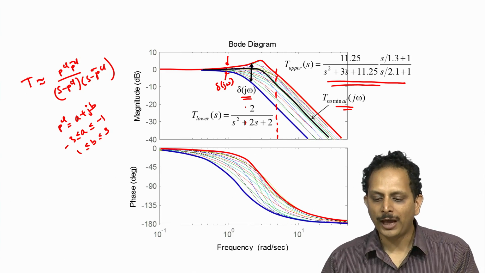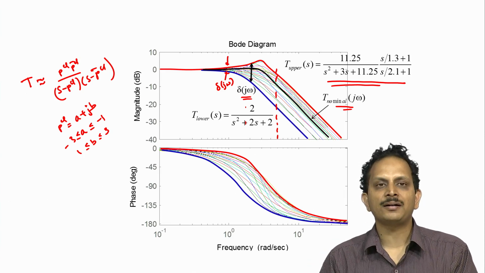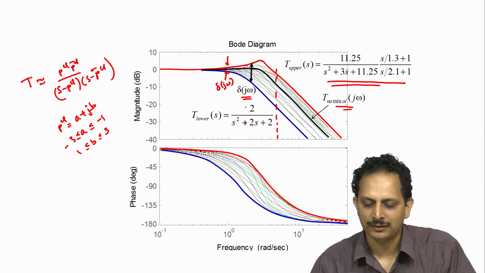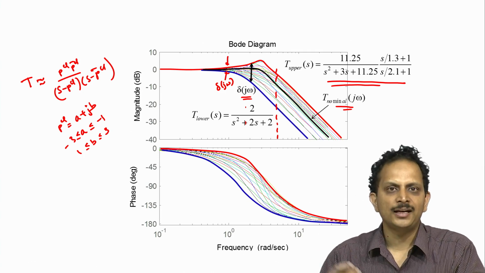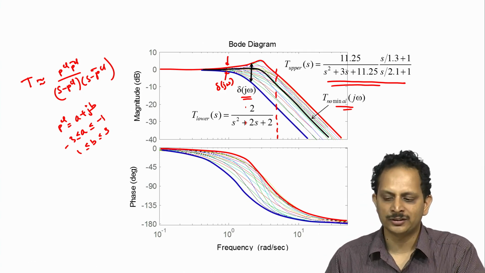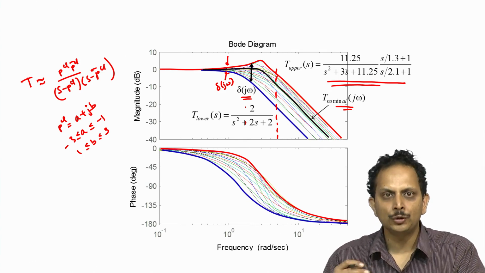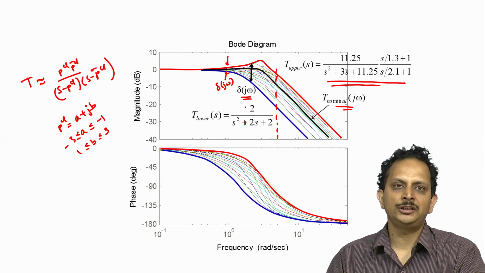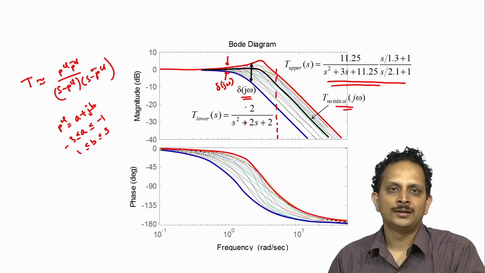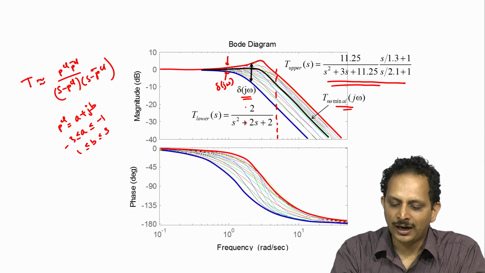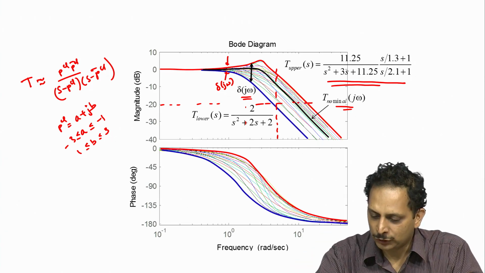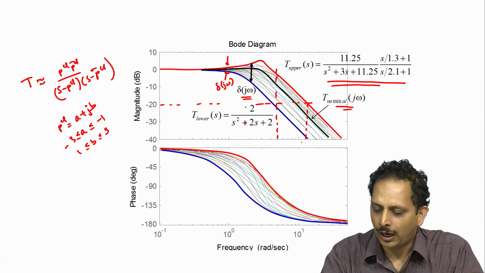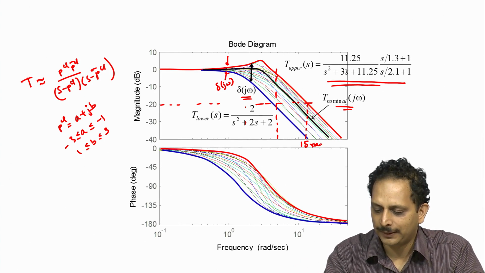Although this frequency could have been the frequency at which the upper transmission function, T upper, falls down to minus 3 dB of its DC value, in the analysis that we undertake during this discussion, we shall assume that the frequency up to which we restrict the variation of the transmission function would be the frequency at which T upper falls to minus 20 dB, and this particular frequency, it so happens, is around 15 radians per second.